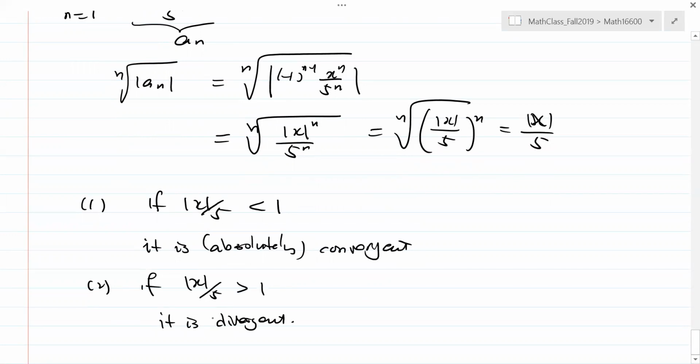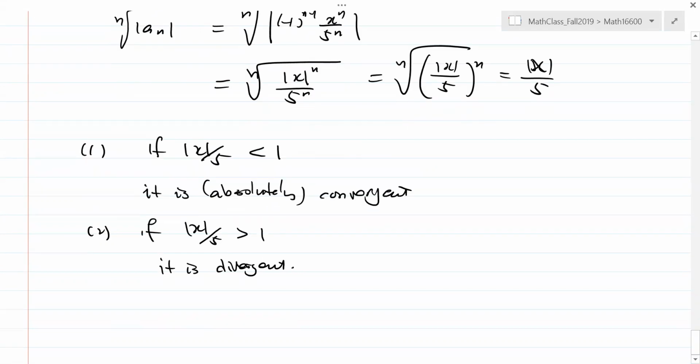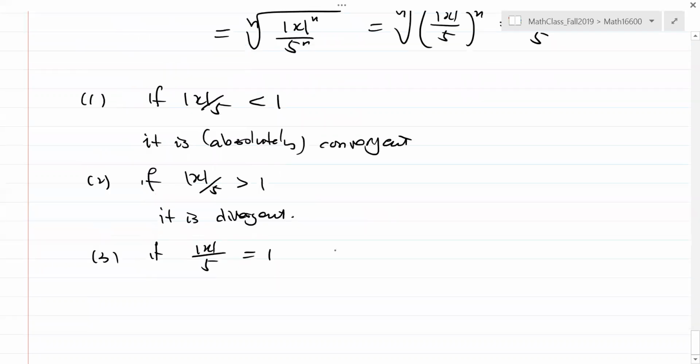And in this particular case, when absolute x over 5 is plus or minus 1, let's look at the nth term. Let me go back.